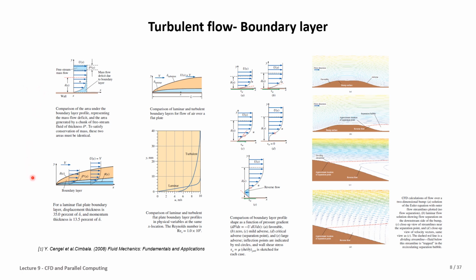So we have a specific thickness of this boundary layer, which is different for laminar flow and turbulent flow. Here you can see for the laminar flow, we can find a pattern, and we can calculate the thickness or height of this layer. But turbulent flow behaves differently.